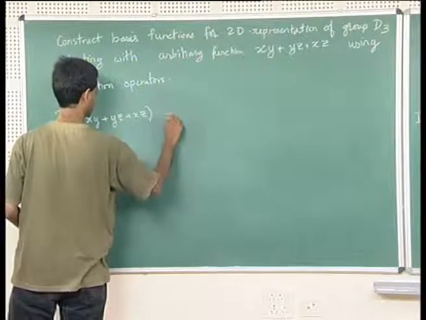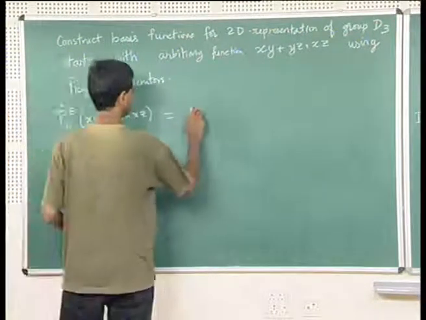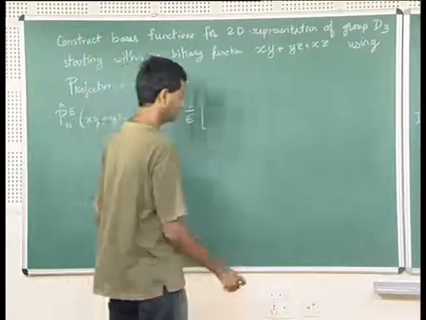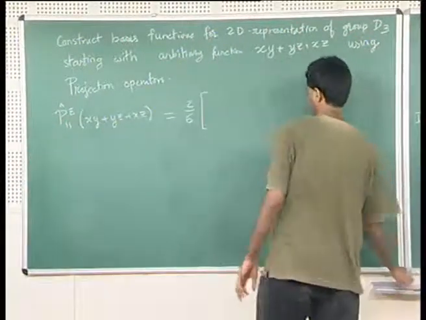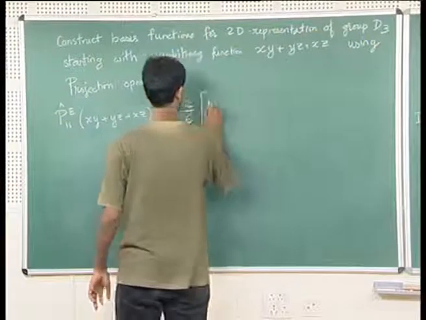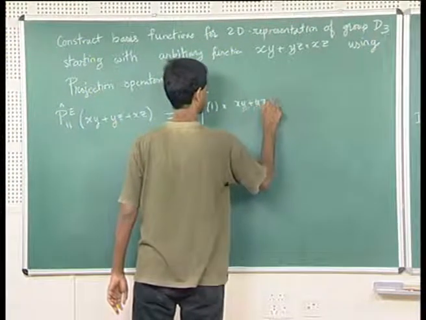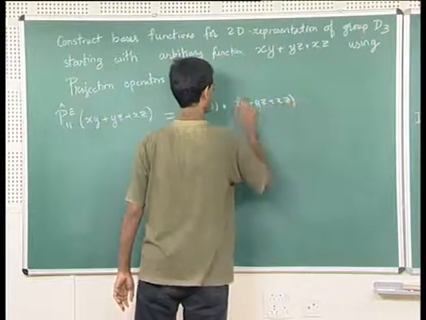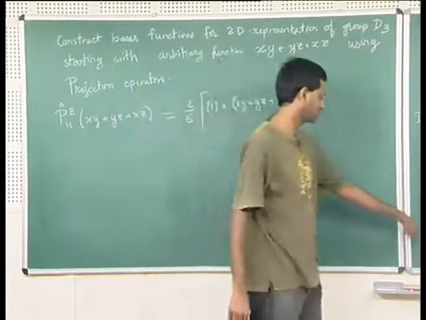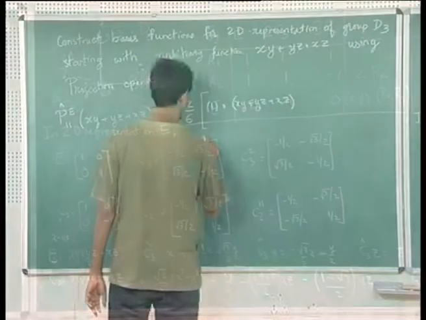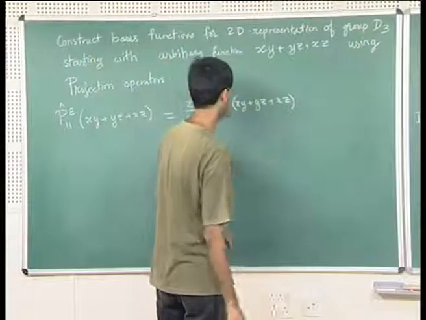So this is equal to 2 by 6 into the sum of various terms, and the first term is just 1 into xy plus yz plus xz, because the identity operated on xy plus yz plus xz just gives itself.